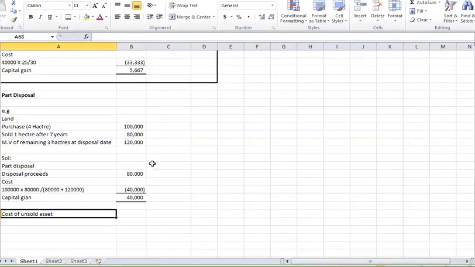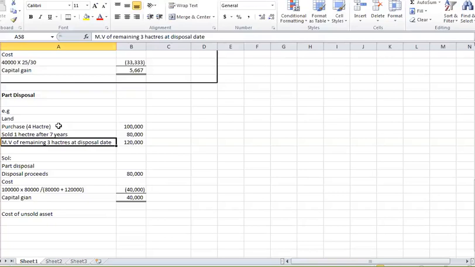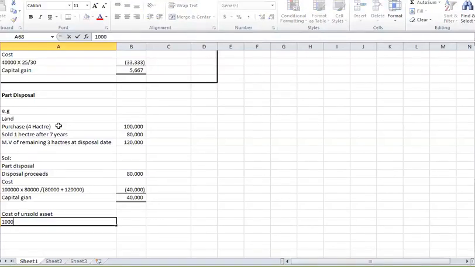Because we have purchased 4 hectares in total, we have sold only 1 hectare, and we still own 3 hectares. So what is the cost of the unsold asset? Students, you can see the total cost was 1 lakh. We have purchased 4 hectares for 1 lakh, minus we have sold 1 hectare, and the cost of that 1 hectare is 40,000 pounds over here.